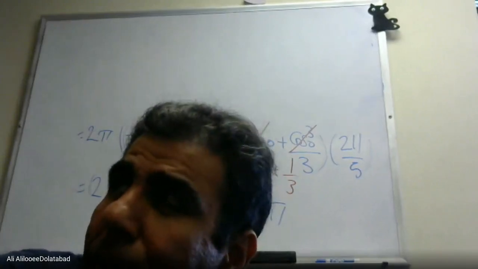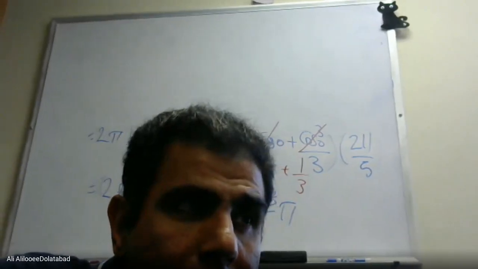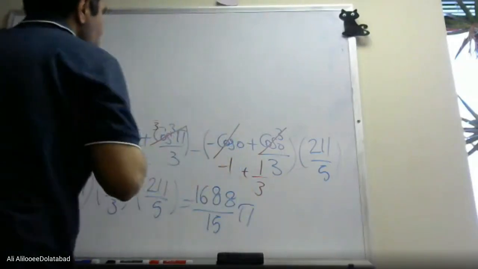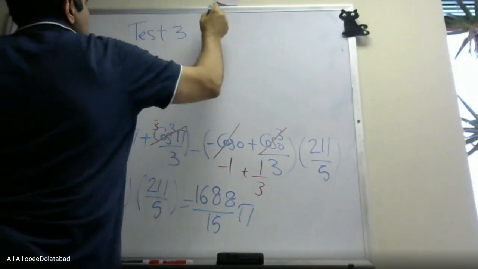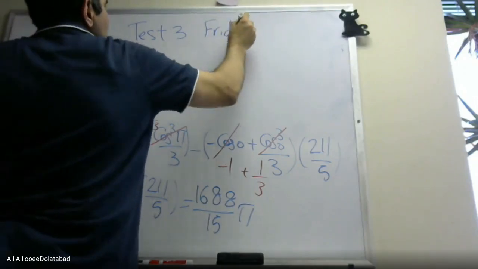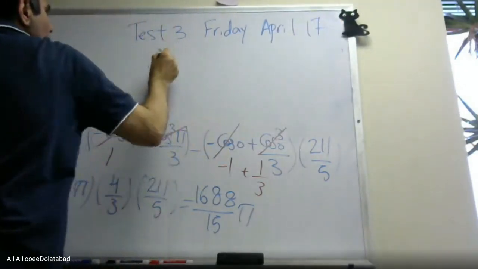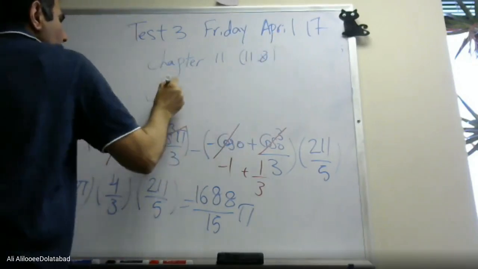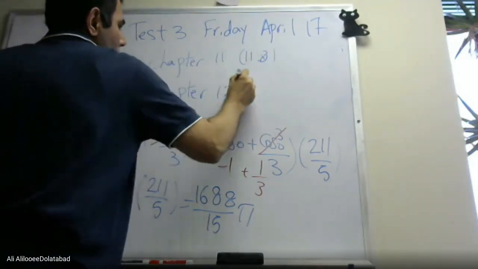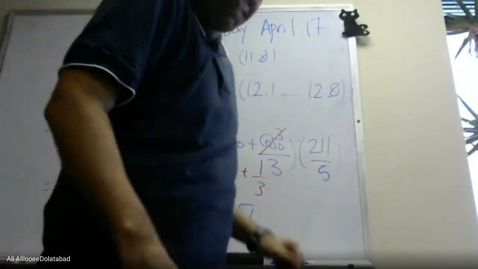I decided to have test number 3 next Friday, April 17. I will announce this also tomorrow. Then we have test 3 on Friday, April 17, covering 11.8 and all sections of chapter 12, 12.1 to 12.8.